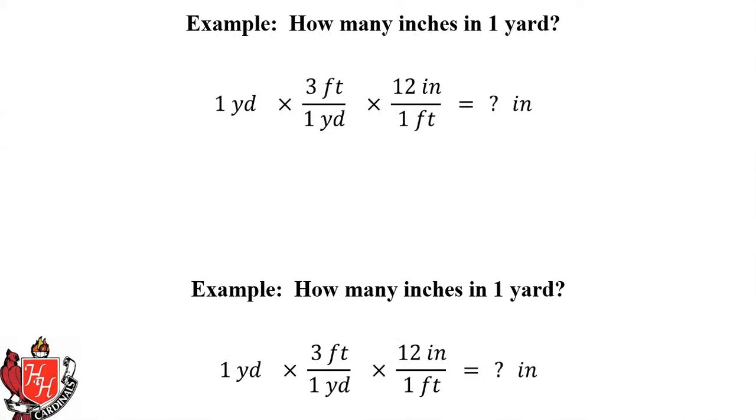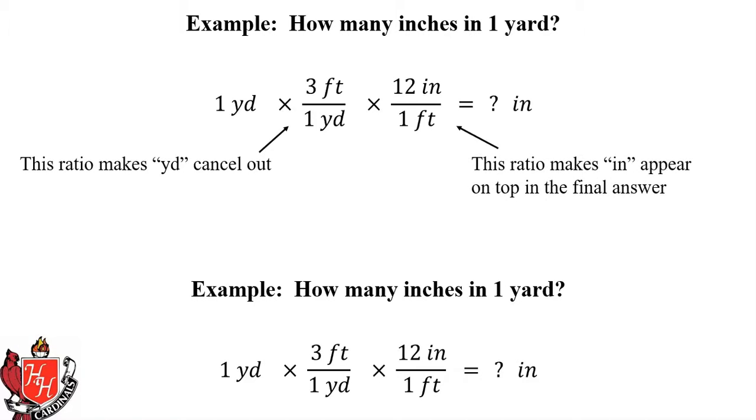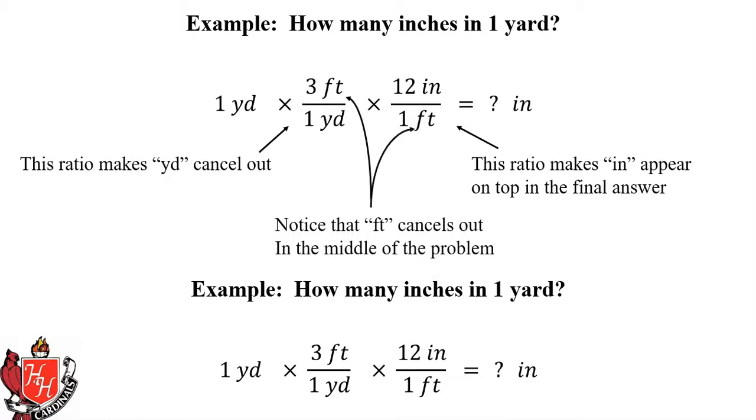Okay, so what we then do is we notice that yards and yards on the left cancel out. On the right, we notice that inches appears on the top, so that's going to be our final unit of measure in the final answer. And if you look at the middle, you'll notice that feet cancels with feet. Feet on the top on the left cancels with feet on the bottom. So yards and feet are going to both cancel out.